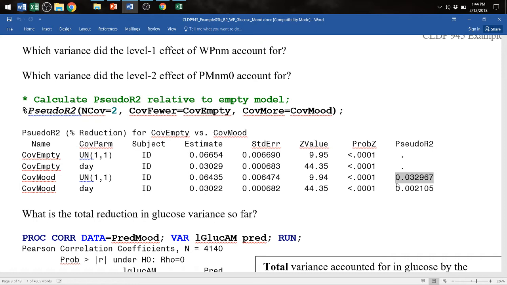So of the 69% that was level 2, my level 2 predictor of person mean grumpiness accounted for 3.3%. Likewise, at level 1, of the 31% that was level 1 within persons, within person grumpy, being grumpier than usual, accounted for 0.2% of that.